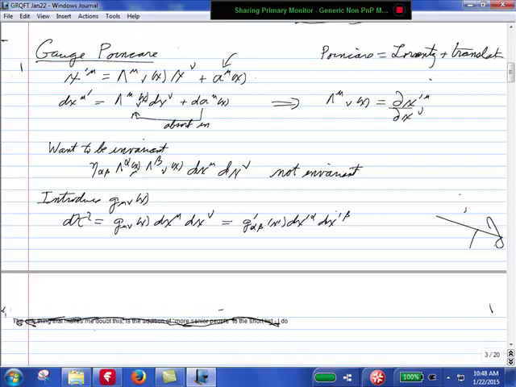This is then e to the trace log (M plus delta M) minus e to the trace log M.